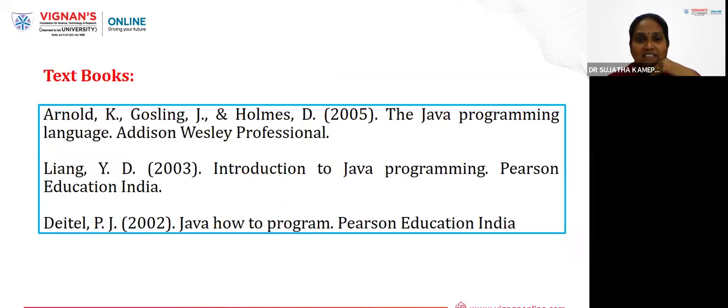After discussing those things, we will see the history of Java, and then the buzzwords of Java, and then all these concepts: what is an object, what is a class, what is a method, how a Java main method is to be written, and what are the object-oriented concepts that we have. What about each concept? Those things we will discuss, and these are the basic textbooks that we will follow generally for object-oriented programming using Java.